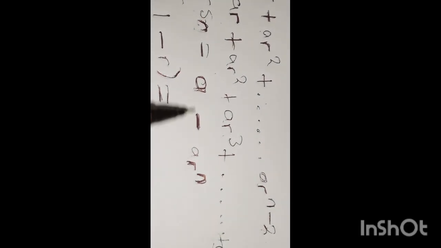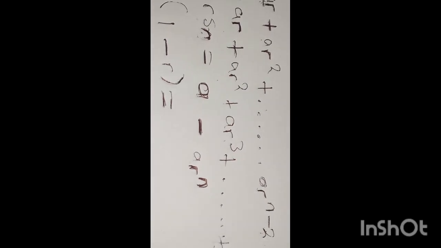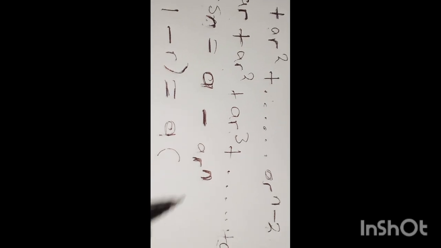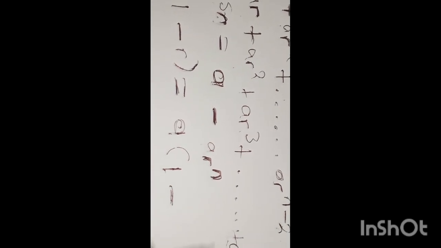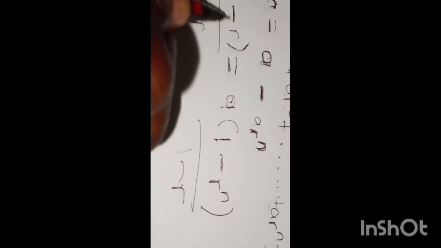Even here, A is common on both sides, so if we factor out A, we remain with 1 minus R to the power n. Then we can divide throughout by 1 minus R. So Sn is equal to A times 1 minus R to the power n, over 1 minus R.